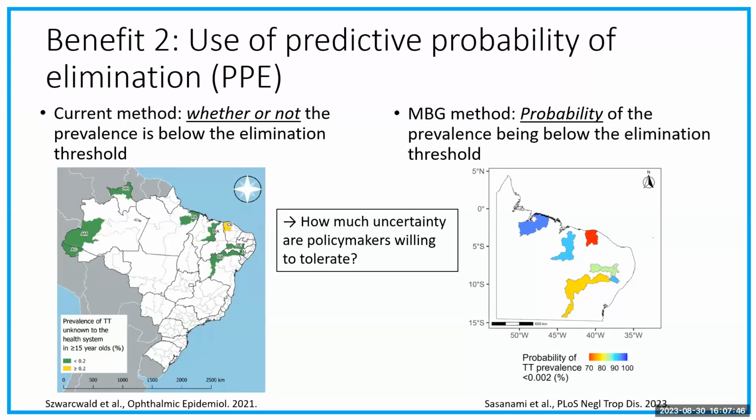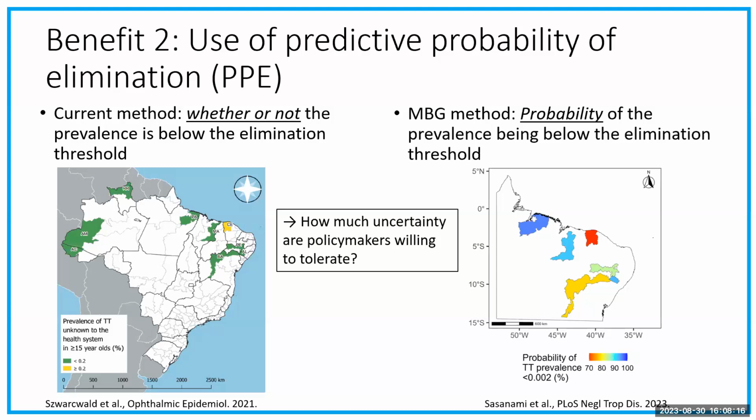The second benefit is the usefulness of the predicted probability of elimination. I'd like to use an example from Brazil here. Traditionally, based on the estimated prevalence, we classify the EUs into two categories: having achieved the elimination or having not achieved the elimination. In the left map, we would conclude the green areas have achieved the elimination target, whereas the yellow area has not.